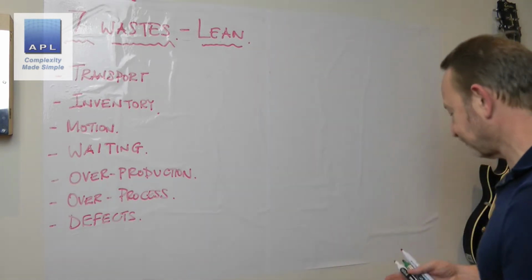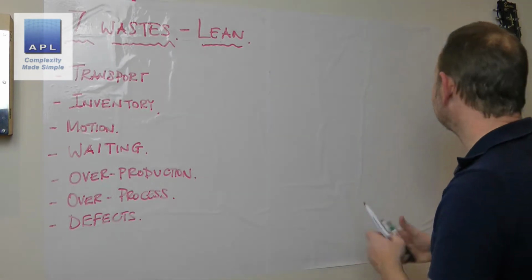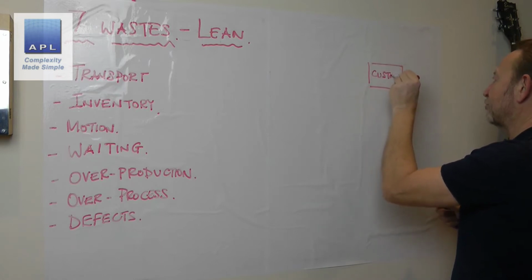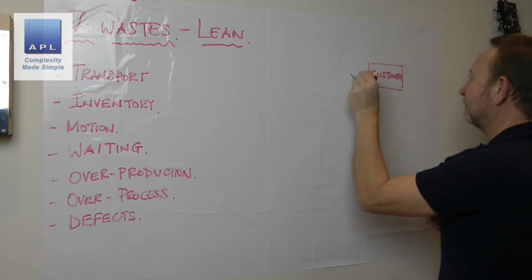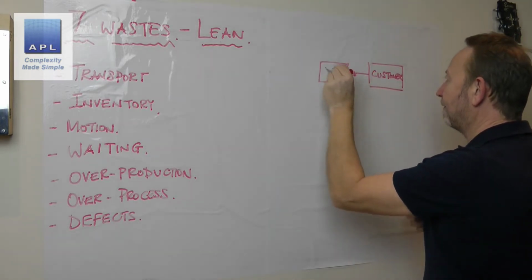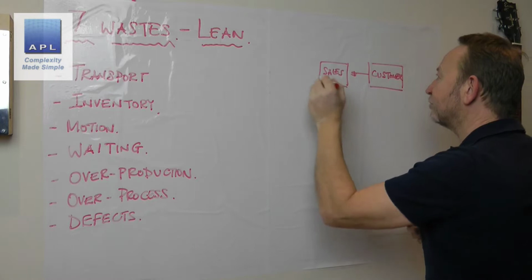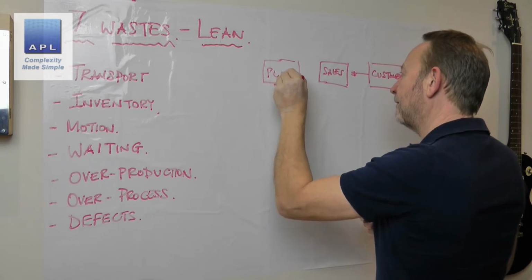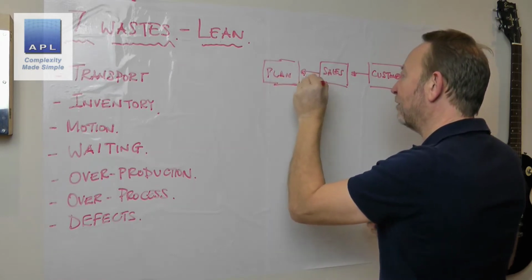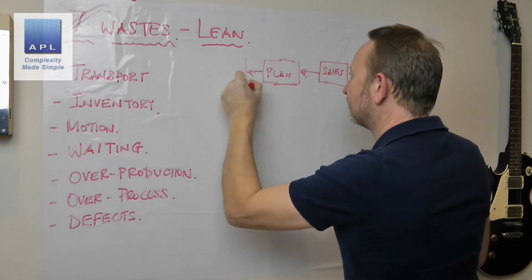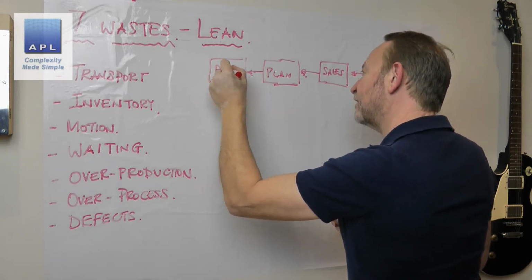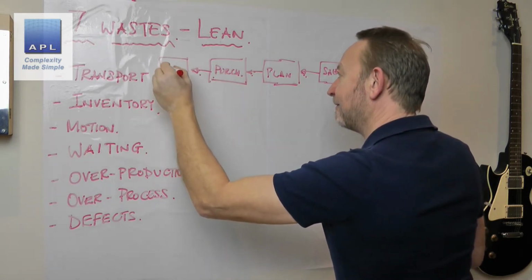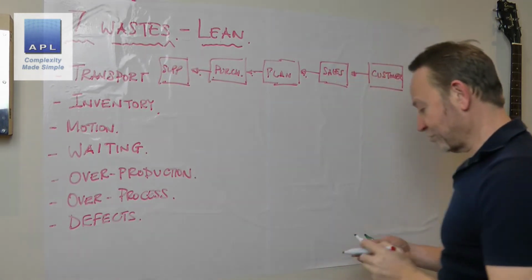All right, so let's go through and just create a little theoretical flow. We've got the customer, they contact the sales department, they send information to the planning department, they send information to the purchasing department, who send an order to the supplier.